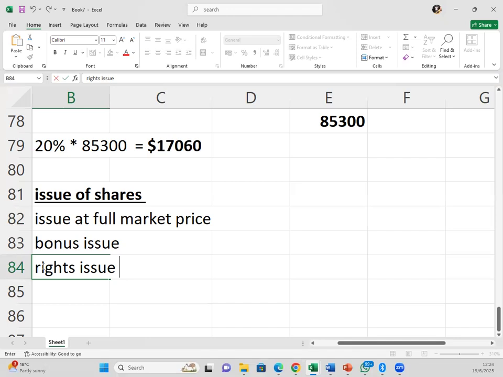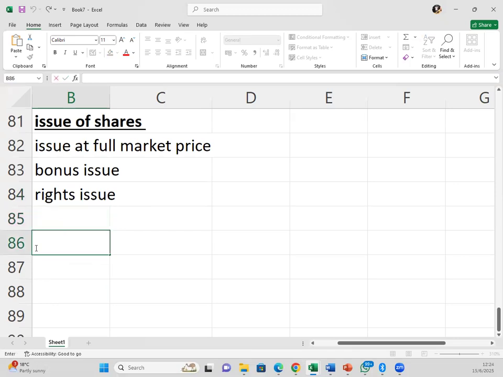Okay, so let's move on. For a bonus issue, it doesn't affect the bank, but for an issue at full market price, we debit the bank.